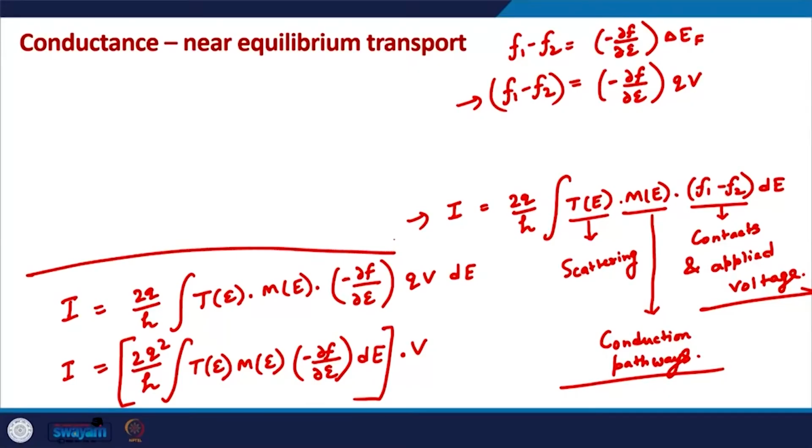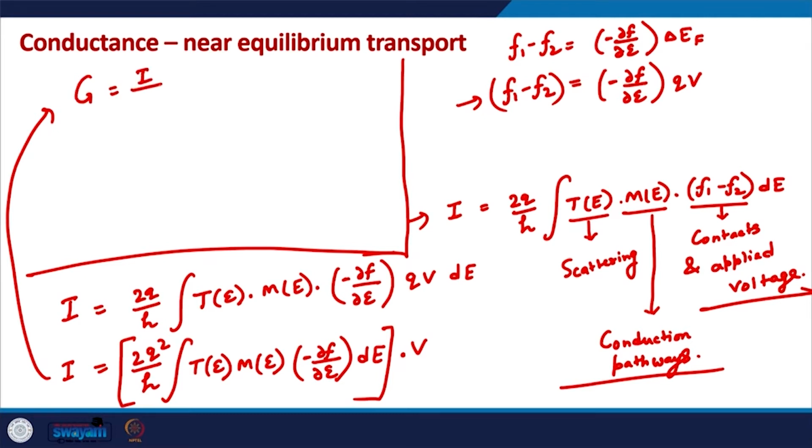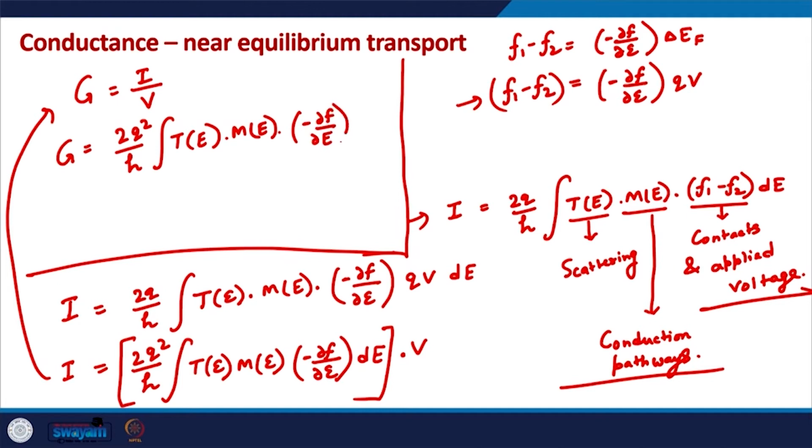So, from this expression, what we can see is the conductance, which is essentially the ratio of current and voltage, is 2q²/h times the integral of Te times Me times minus ∂F/∂E dE.